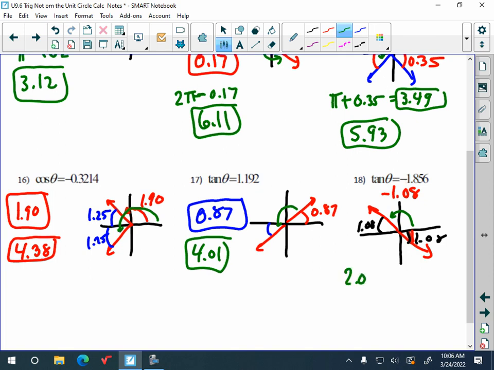Should be 2.06. So on number 18, the calculator is giving you the negative angle, negative 1.08, which is the reference angle right here. So just make it positive. Then you can move it up here also. Okay, those are congruent. And then we can take pi, which is half the circle, subtract off 1.08, which is that one. And then we can take 2 pi and subtract off 1.08.